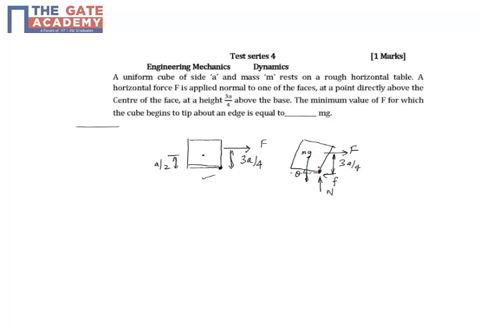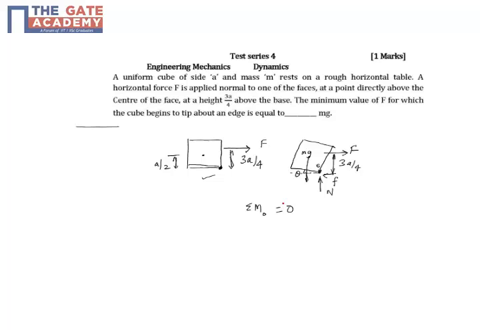So now about this point contact, the moment has to be 0 for the minimum value, because if I find a value of F for the moment being 0, and if I apply anything greater than that, obviously the block will tip over. So I have to just find out the minimum value.